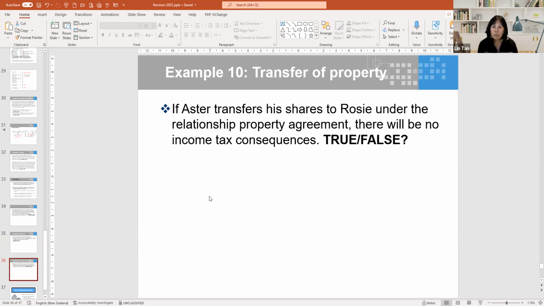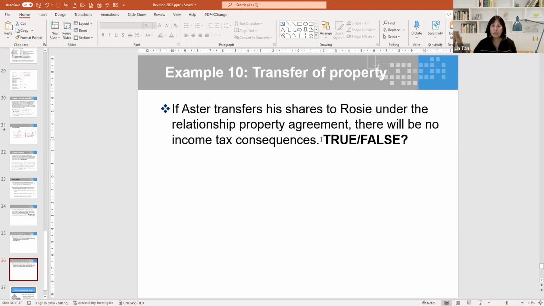Then transfer of property. I did mention to you all about people who transfer their property to their partner under the relationship property agreement. If they do that, there'll be no income tax consequences. And I've mentioned that that will be the case. It is a true statement.